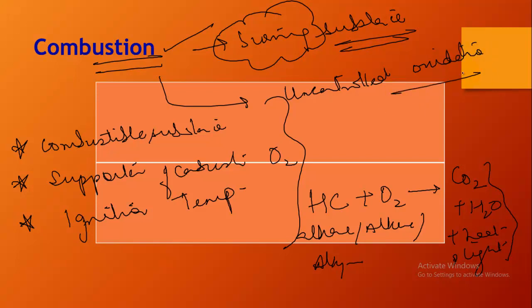It is not a reaction in which we get an aldehyde, carboxylic acid or something else. So whenever you are burning any substance, you are carrying out combustion. It occurs when the combustible substance, supporter of combustion, and proper ignition temperature are present, and as a result we get carbon dioxide, water vapor, and energy is liberated in the form of heat and light.